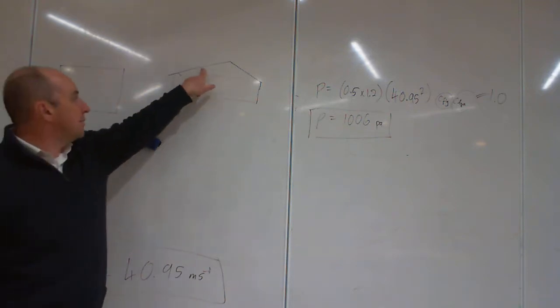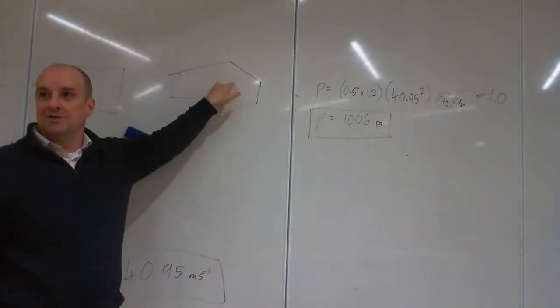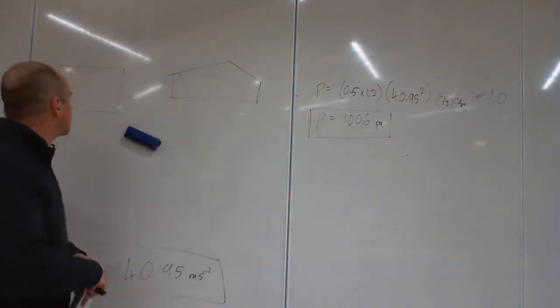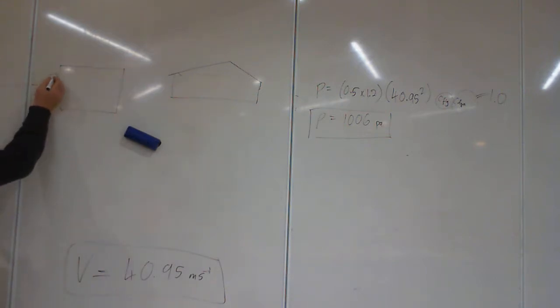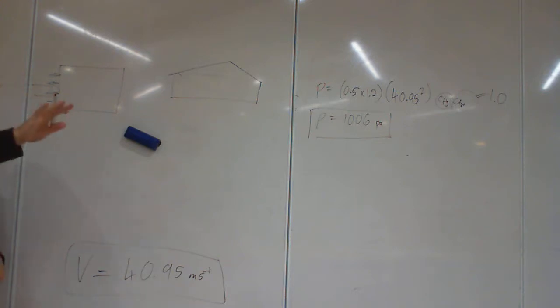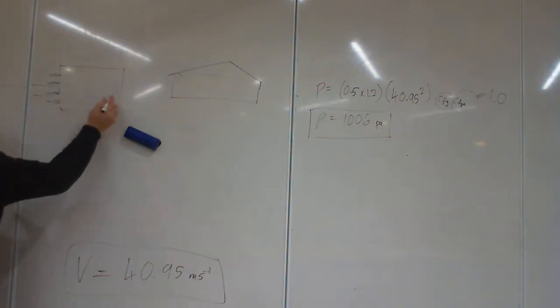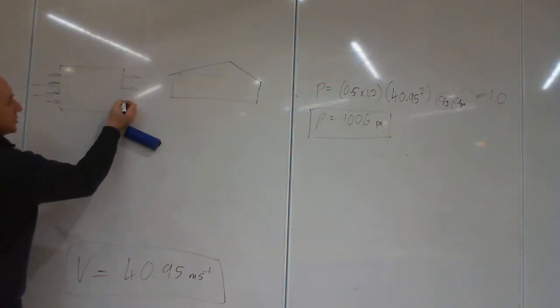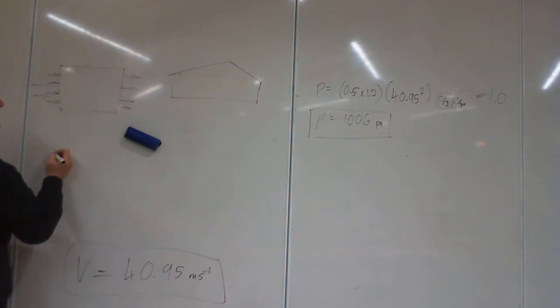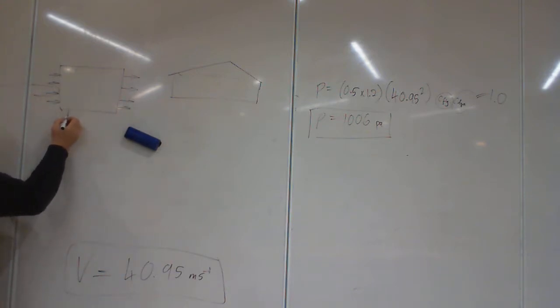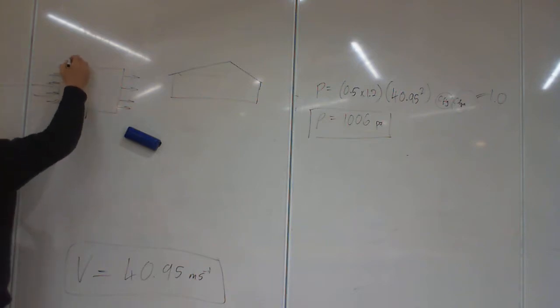It's also going to push upwards or pull downwards on that roof. As well as the internal pressure, there's going to be a pressure pushing the wall this way. That's pretty obvious, right? The wind's blowing, the wall's pushing that way. As well as that one, there's going to be a suction pressure pulling the wall off that way. And there's also going to be a little pressure pulling the wall off this way, off the sides as well.